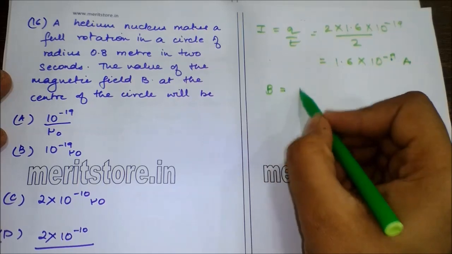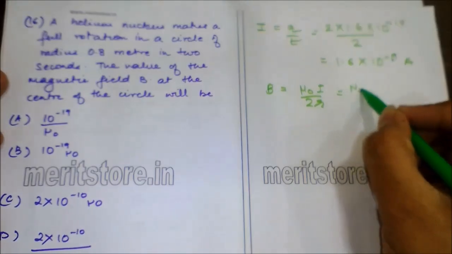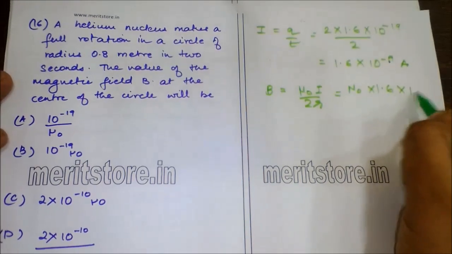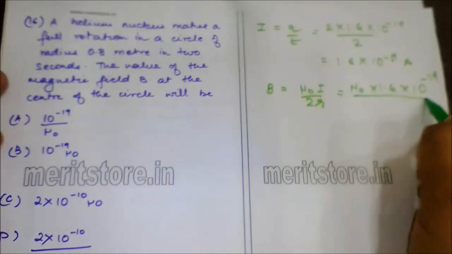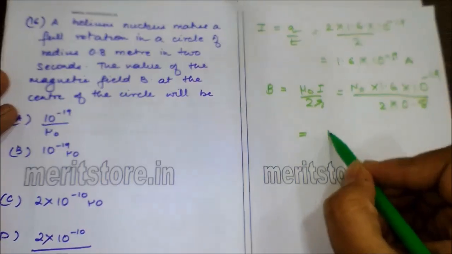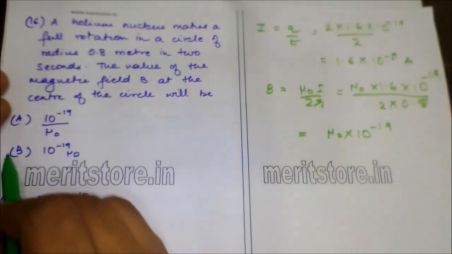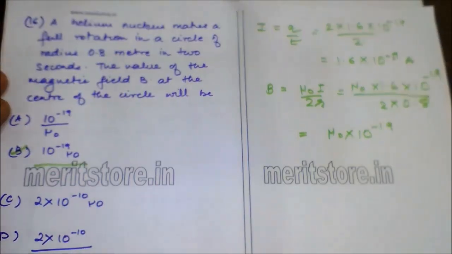Formula for magnetic induction, B is equal to mu0 I upon 2R, which is equal to mu0 into 1.6 into 10 raised to minus 19 upon 2 into 0.8, which is equal to mu0 into 10 raised to minus 19. So option B, mu0 into 10 raised to minus 19 is the correct answer.